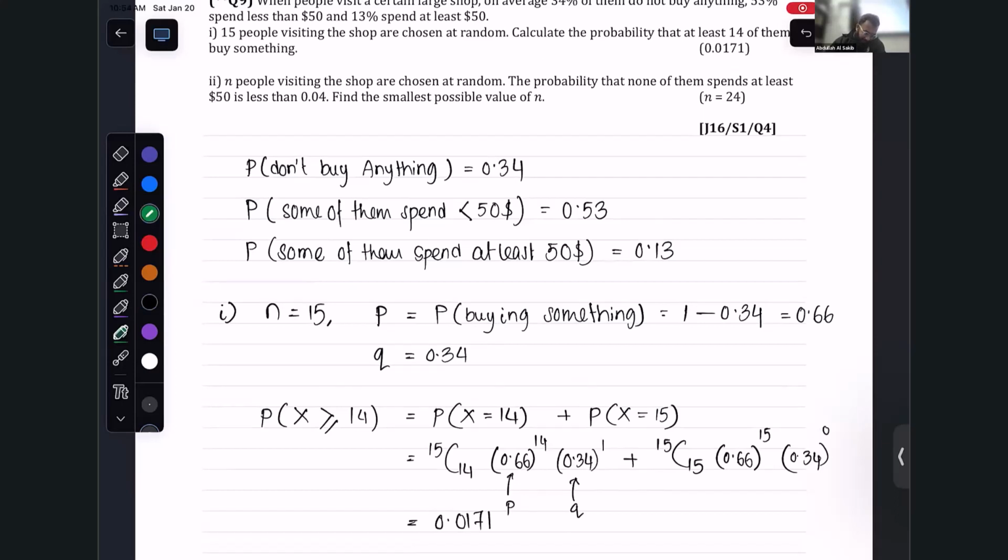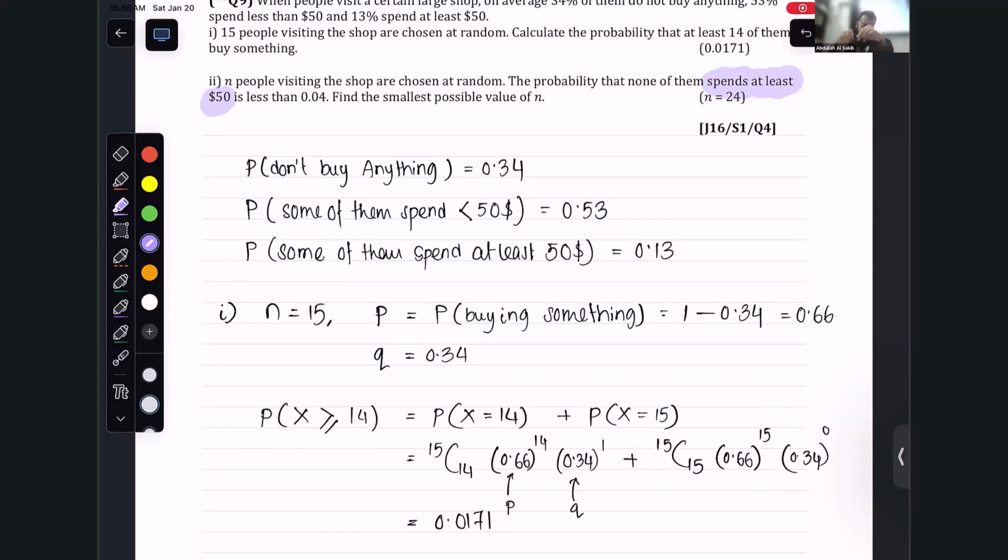Spending at least $50. That's the probability of success. Spending at least $50 is our probability of success.